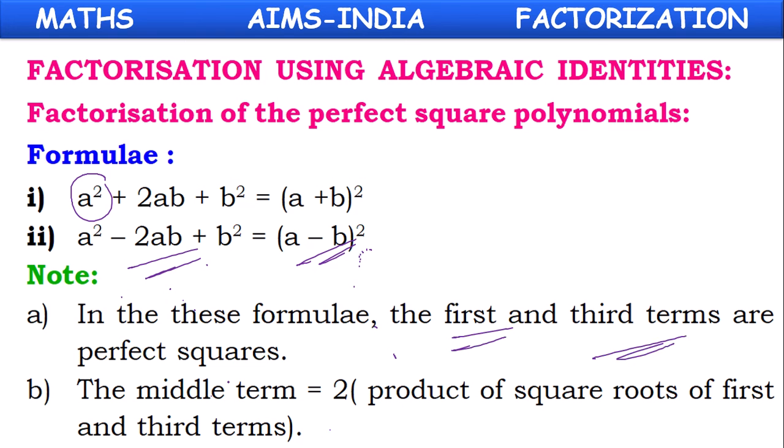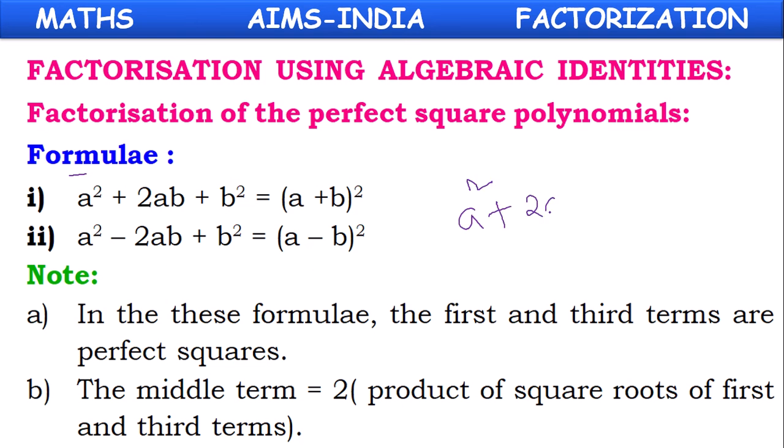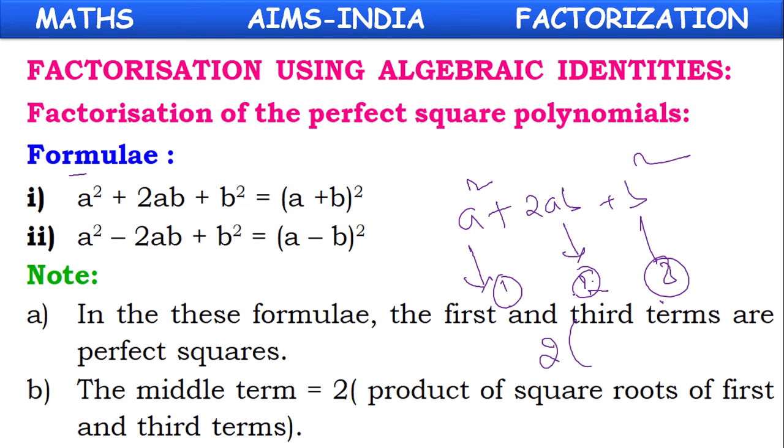In the given expression, a square plus 2ab plus b square, if the first and third terms are perfect squares, and the middle term, the second term, is 2 times the product of the square roots of the first and third terms, that is, root of a square into root of b square, where root of a square equals a and root of b square equals b, if they are in this form, then they are called perfect squares.